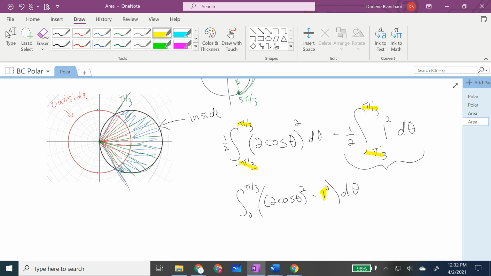All right, now I'm going to take this same situation and change it to find the area that is inside both. You're looking for area that is both inside the black circle and inside the red circle.